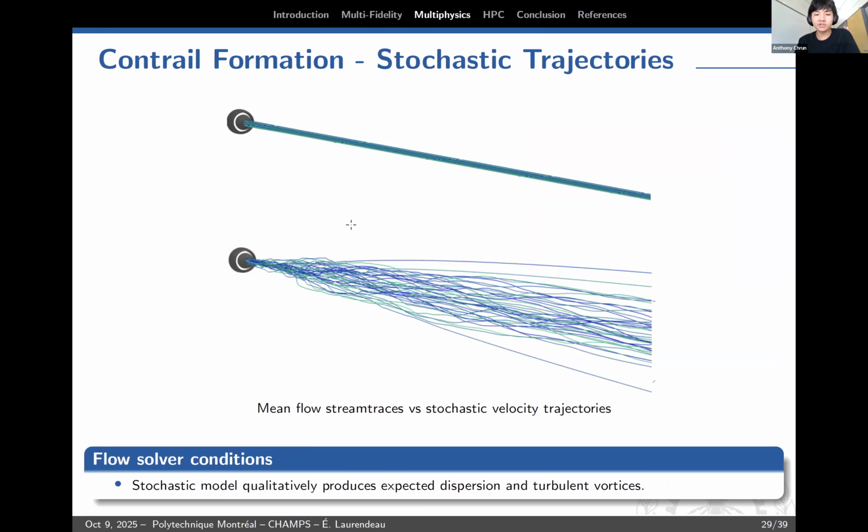Here is a comparison of the mean streamtraces of the flow that are computed by the RANS solver, and another approach, which is stochastic and based on the Langevin model. This stochastic approach shows that qualitatively we get the expected dispersion and turbulent vortices.